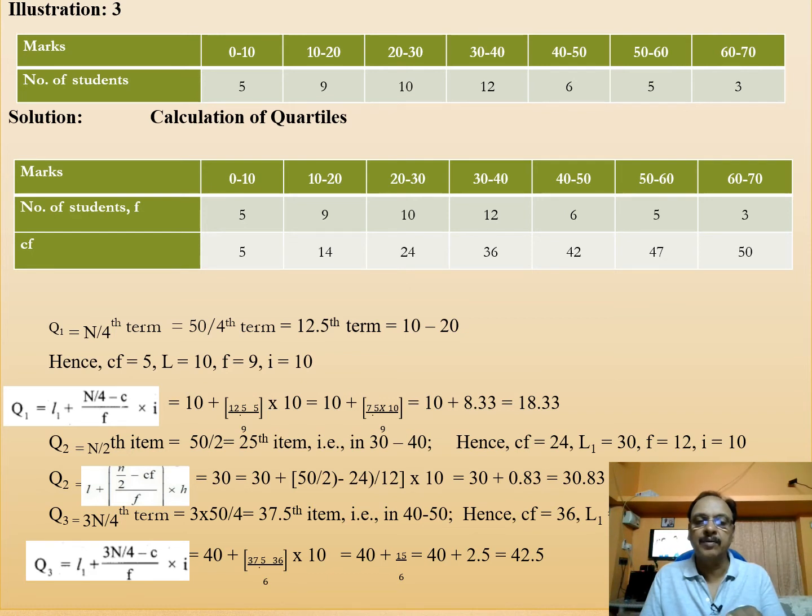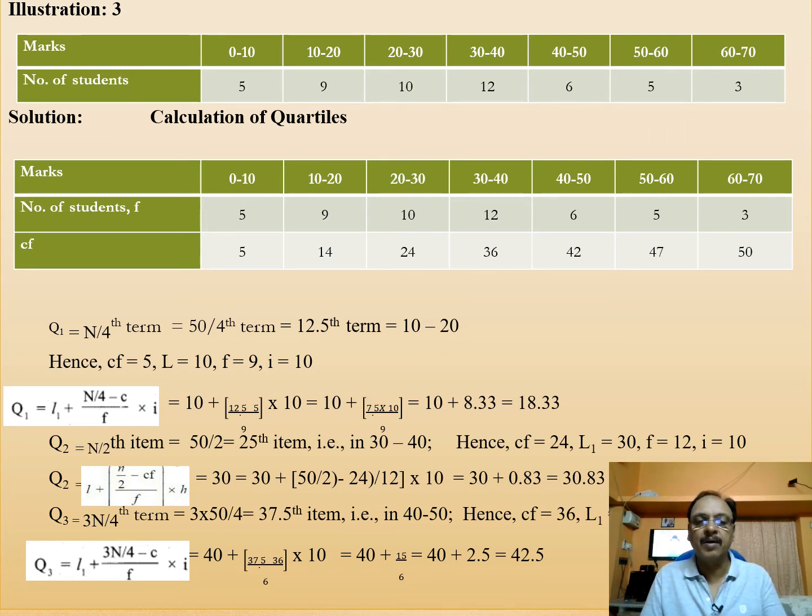Then L is 10, F is the corresponding value 9. Then i is 10, that means the difference between the highest and lowest value of the class interval. That means 20 minus 10 is 10.